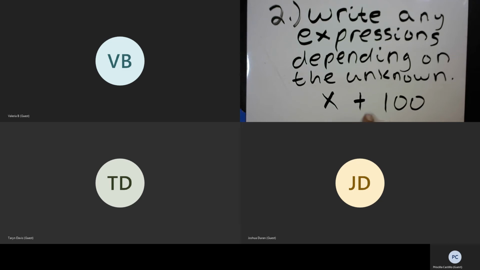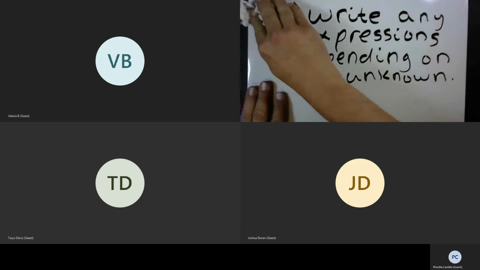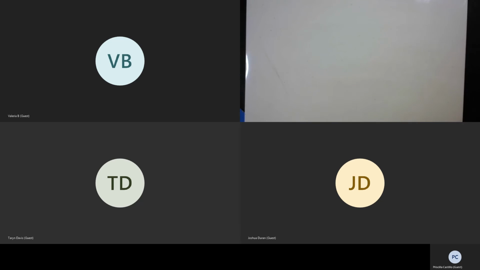So this would be an expression describing the total amount of money you have in your account: what was in the account in the beginning, which we weren't told, plus the $100 you've earned in the last 2 days. So this would be an expression depending on X. I'm going to do a full example. We will do one for sure.